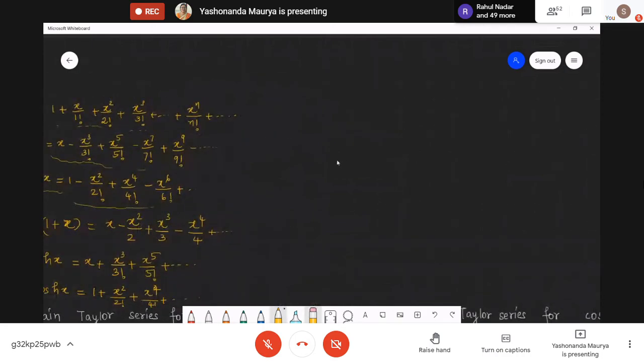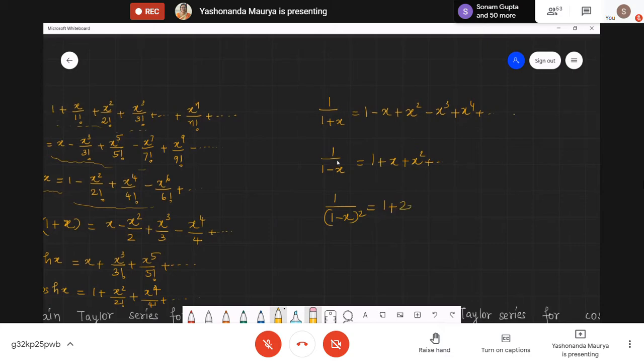And one more thing, along with that I'll just write down the list of this also. 1 upon 1 plus x is nothing but 1 minus x plus x square minus x cube plus x raised to 4 and so on. 1 upon 1 minus x is nothing but 1 plus x plus x square and so on, all positive here. 1 upon 1 minus x whole square is 1 plus 2x plus 3x square and so on.